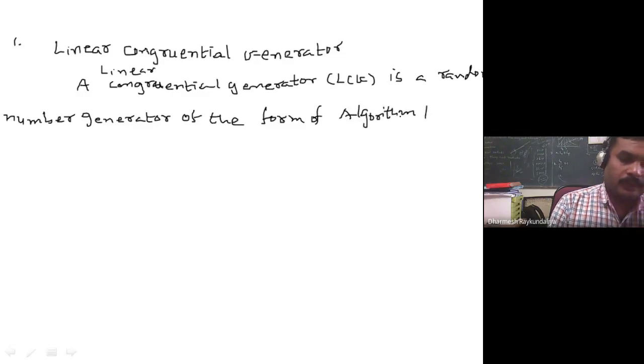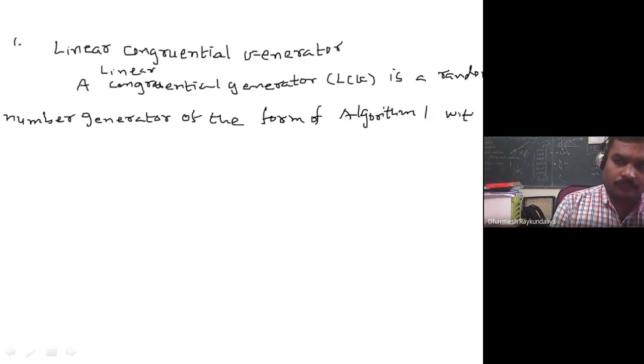We have discussed the algorithm where the first step is initialize, the second one is a transition, the third one is output, and the fourth is a repetition of the transition and the output.